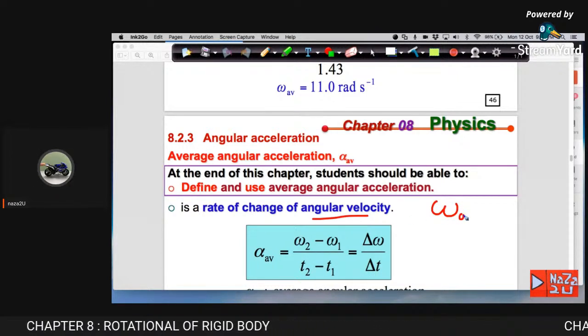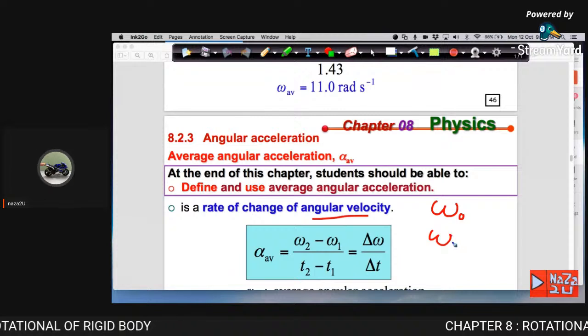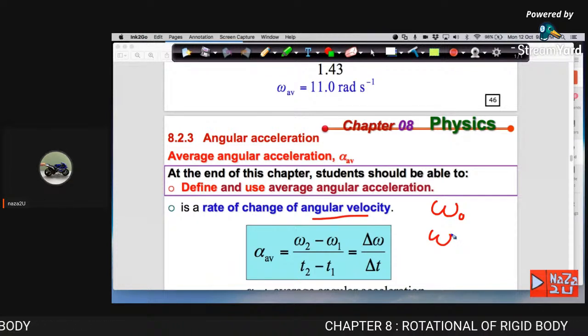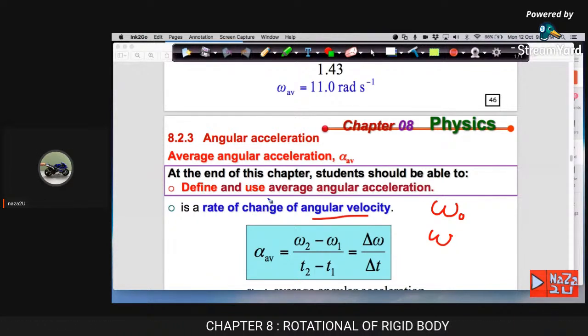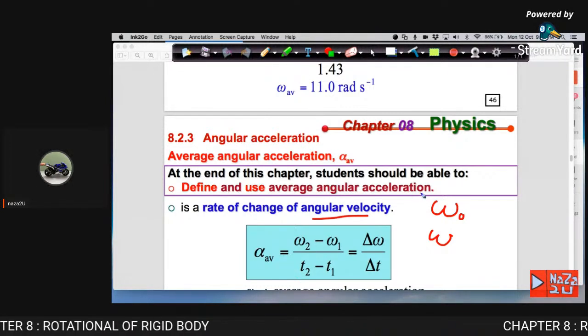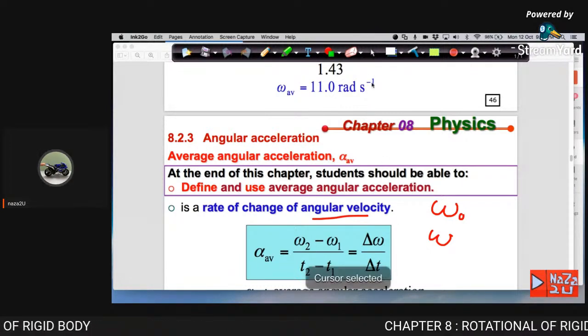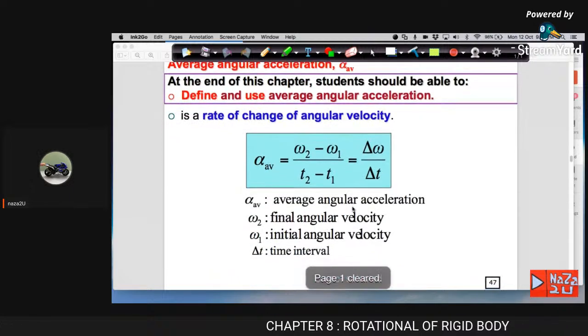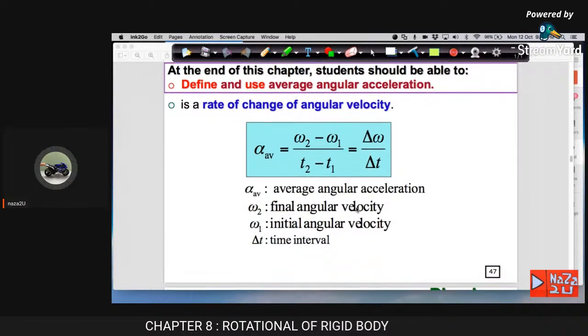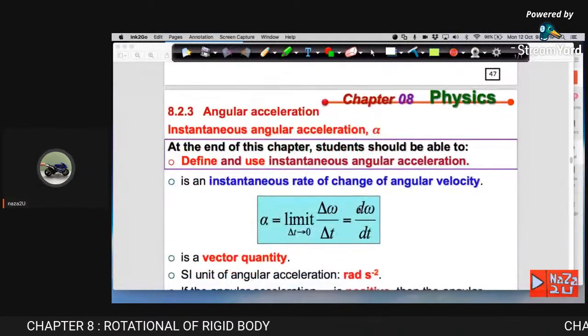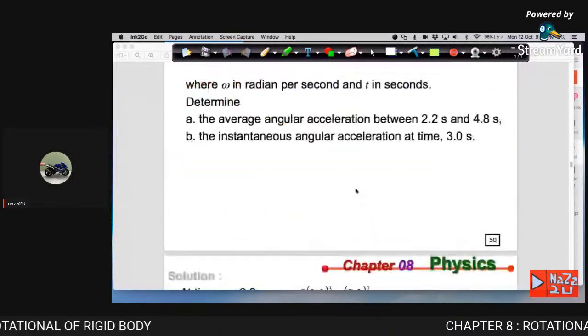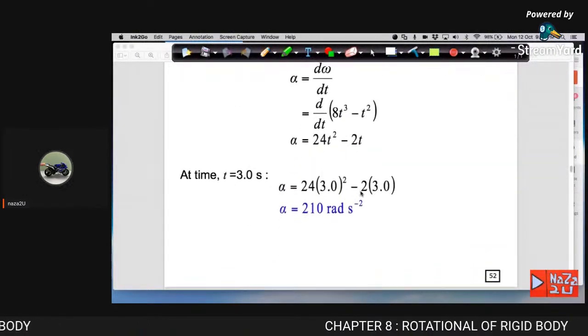Omega naught initial angular velocity, omega final angular velocity. Right? Konsep dia sama. Average angular acceleration, average angular velocity. Semua diterangkan ada dekat nota kat sini. Kamu boleh tengok sendiri nanti. Alright, saya tak cerita kat sini dulu.